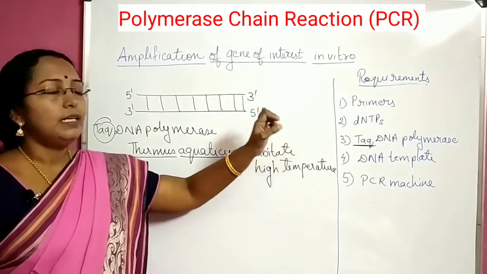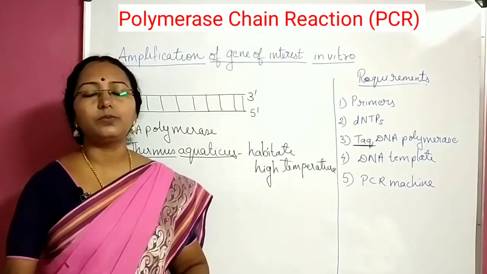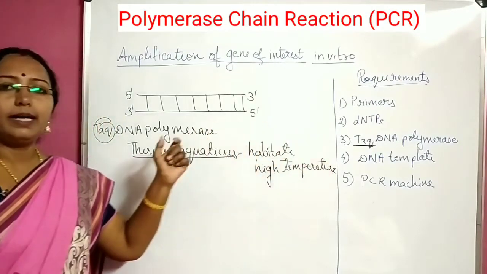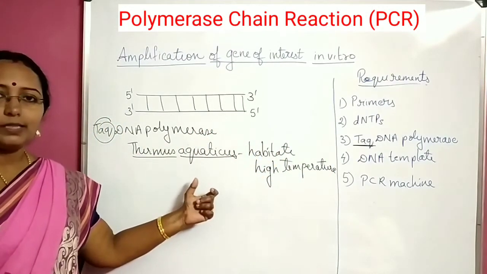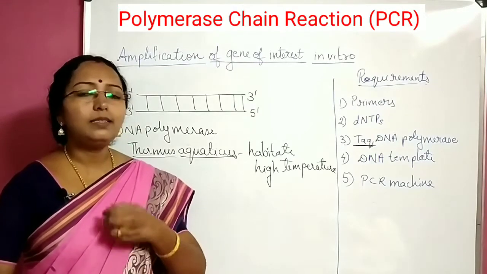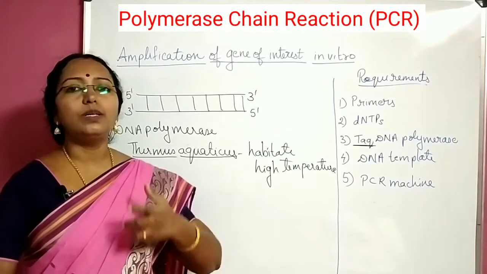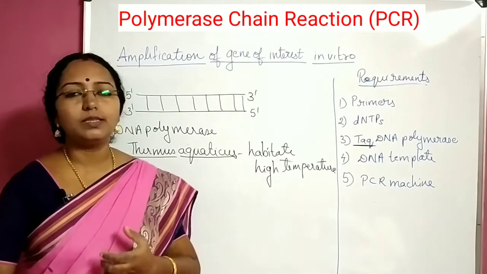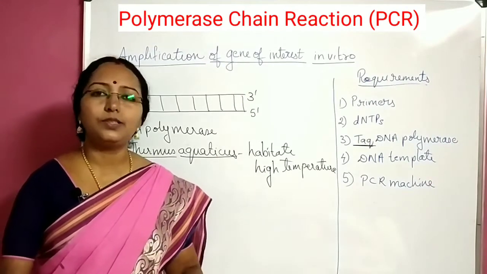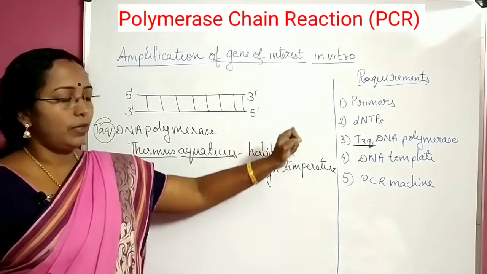Why Taq DNA polymerase is used is an important question for your class 12 biology, because this Taq DNA polymerase is derived from the Thermus aquaticus bacterium, which thrives under very high temperature, and its DNA polymerase has the capability to work in this high temperature. If we just put our human DNA polymerase, it will get denatured. It cannot withstand the high temperature. So that is the next requirement.